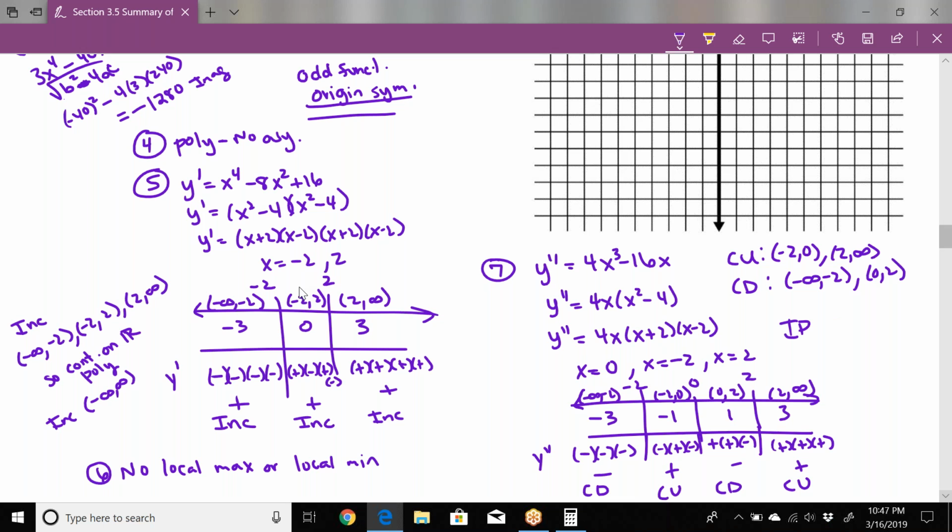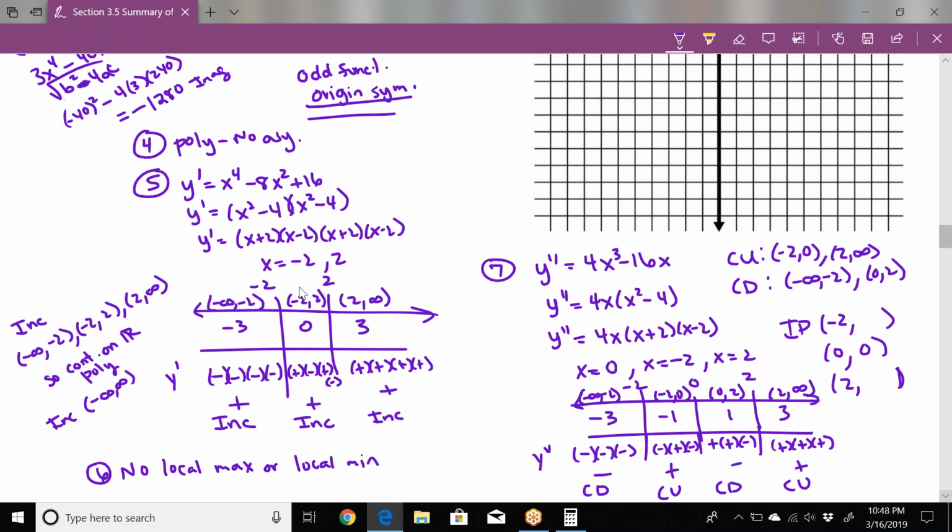-2 is one of the x values where we change concavity. At 0, we also change concavity because you go from positive to negative, and at 2. So what we need is the y values for each of these. Now we already know the 0 because remember 0, 0 was our x-intercept, y-intercept point.